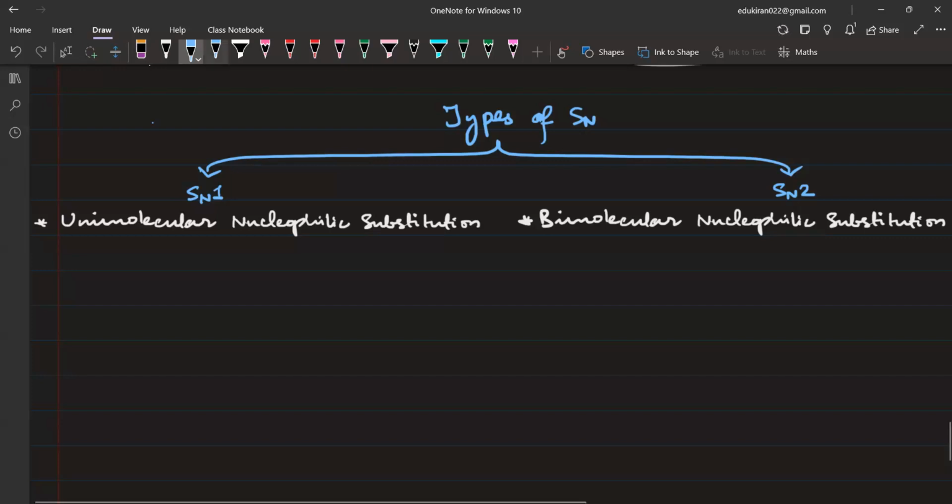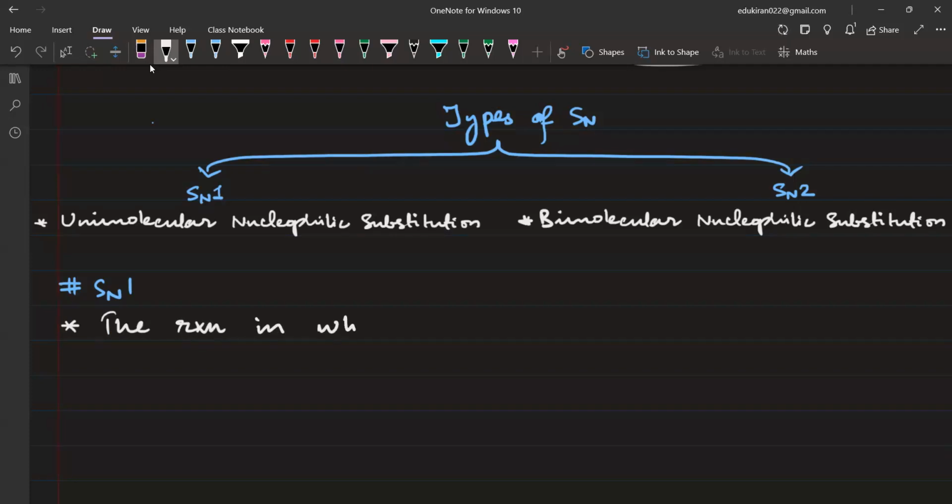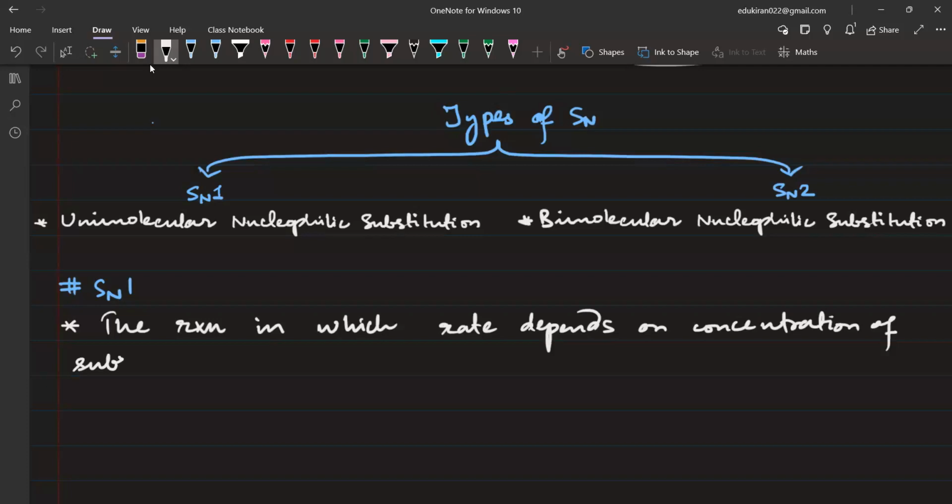After this, you will write the heading SN1. So what is SN1 reaction? The reaction in which, please write with me, rate depends on concentration of substrate only.